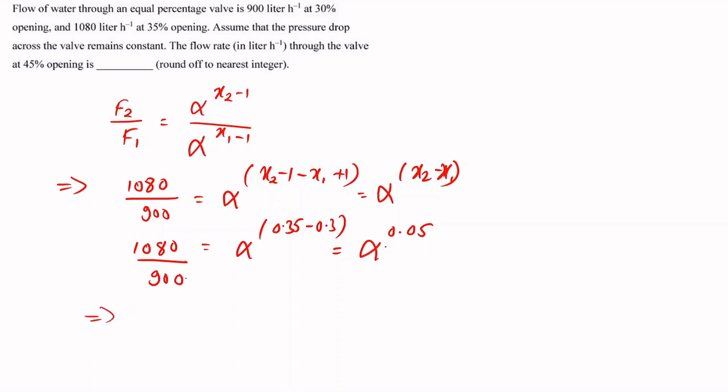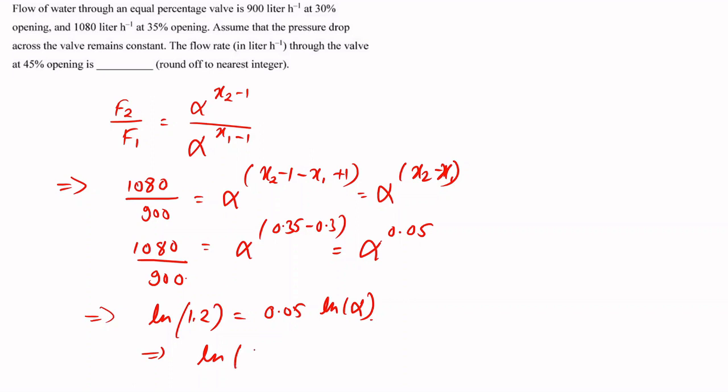Now to find the value of alpha, we can take the log of this, and it will become ln of 1080 divided by 900, which is 1.2, equal to 0.05 times ln of alpha.